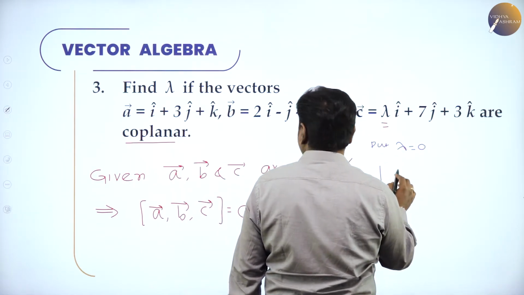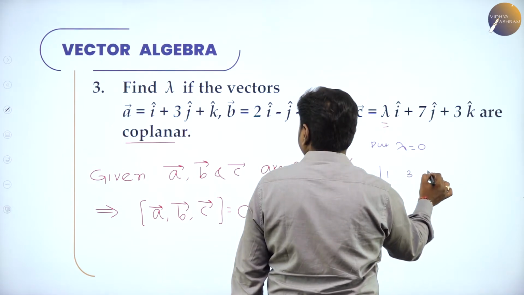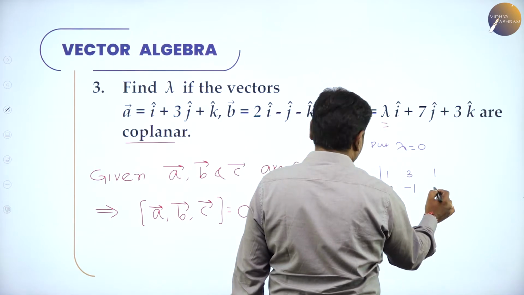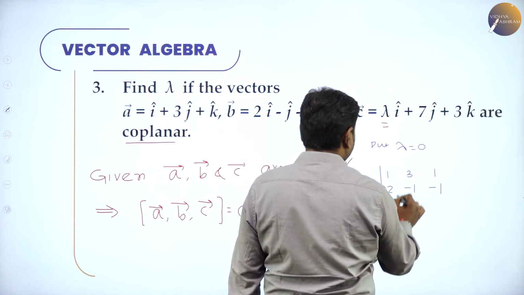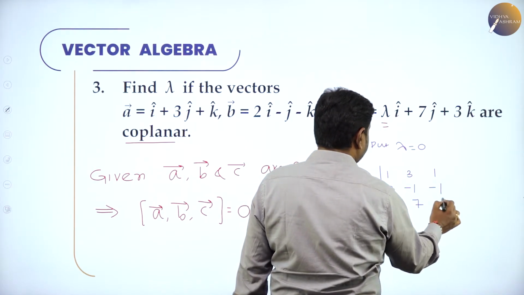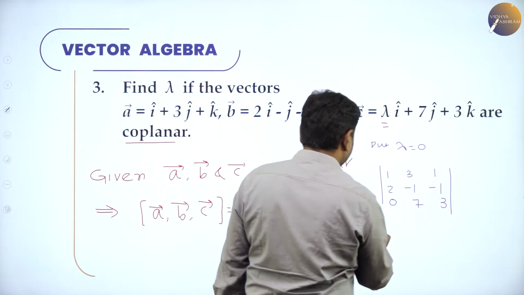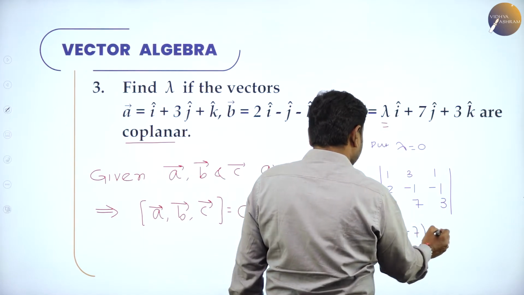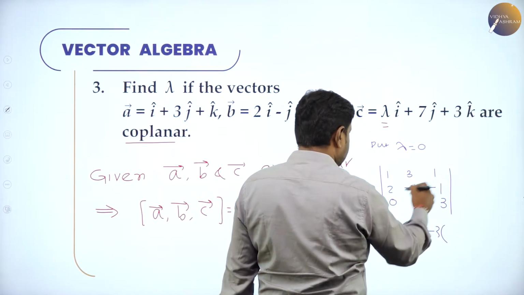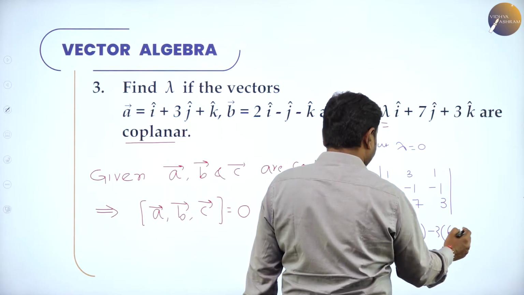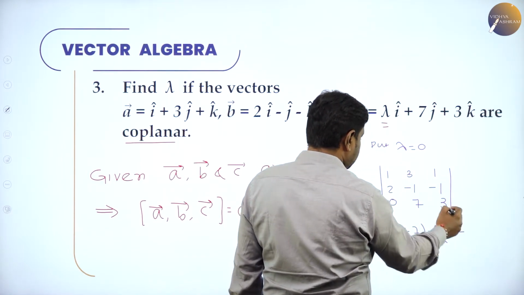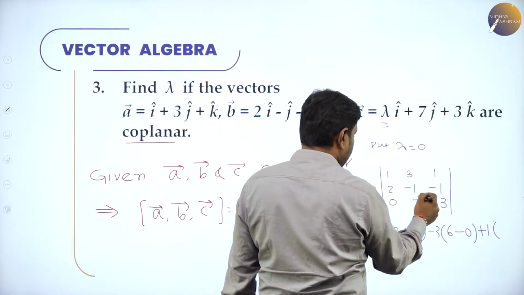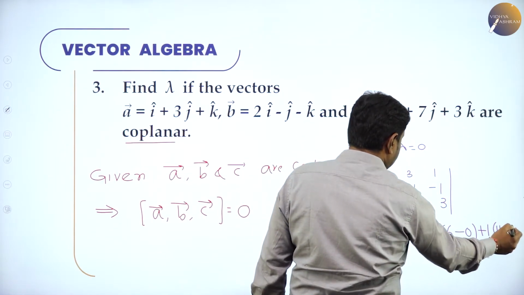Now I'll take the box product. The box product is the determinant with rows 1 3 1, 2 minus 1 minus 1, and in the lambda place we got 0, 0 7 3. Now if we expand this we should get 0. 1 into, delete this row and column, 3 plus 7; minus 3 into, delete this row and column, 6 plus 1; minus 0 plus 1 into, delete this, 14 minus 0.